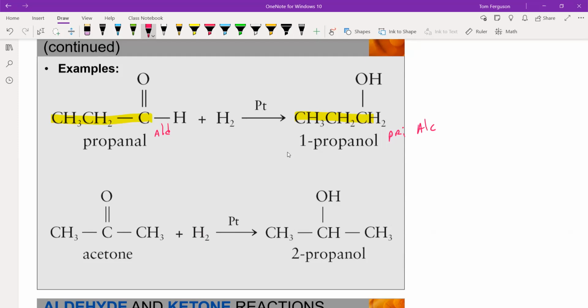Similarly, a 3-carbon backbone ketone. So that primary, secondary, tertiary alcohol interplays all the time in these different functional groups.